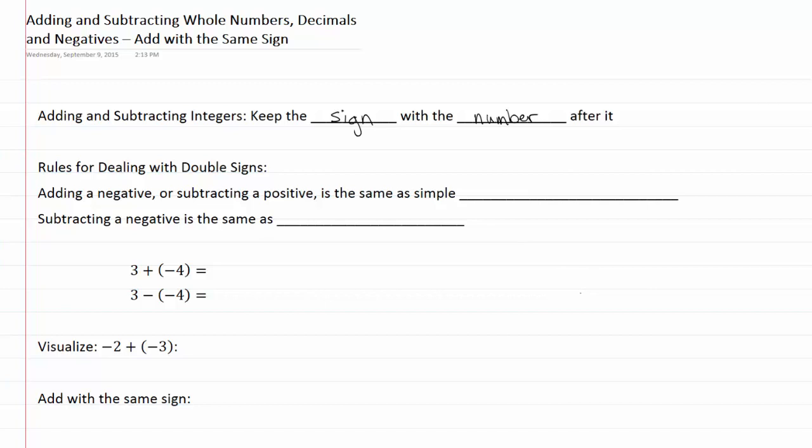So when we're adding a negative or subtracting a positive, it is the same as simple subtraction. For example, if we had 4 minus or plus a negative 3, this is the same as doing 4 minus 3, which would give us 1.